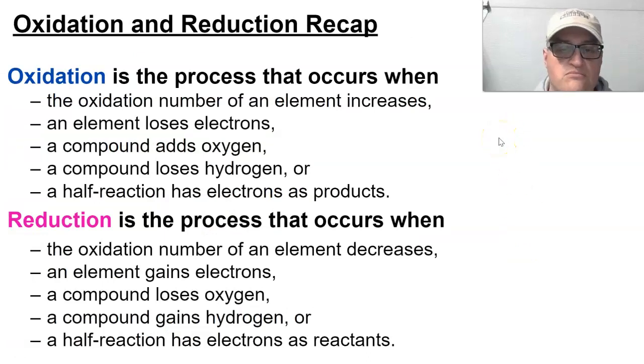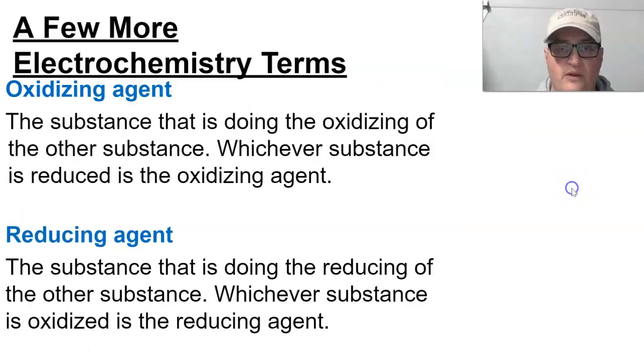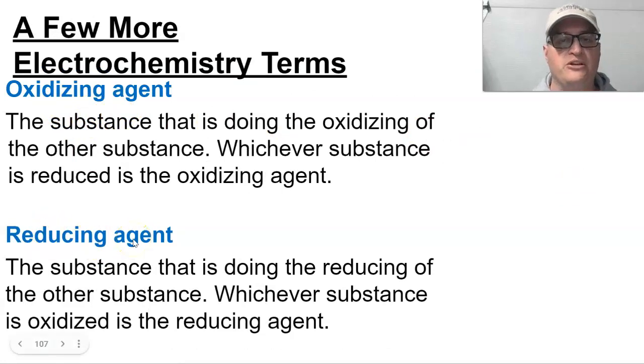Read through this. Take a moment. It kind of just summarizes these ideas going forward. One last little bit. Oxidizing agent, reducing agent. These are terms that are around. You're going to see them quite a bit. However, they're kind of outdated terms. So an oxidizing agent does the oxidizing. It is reduced.